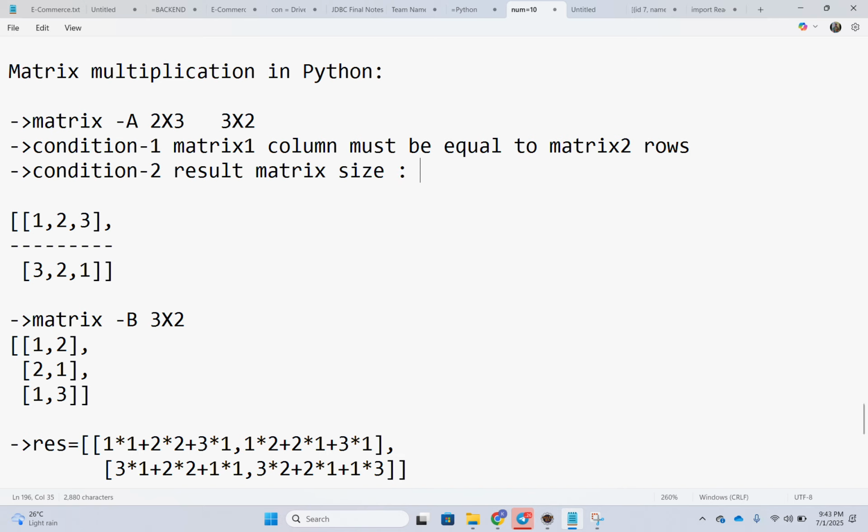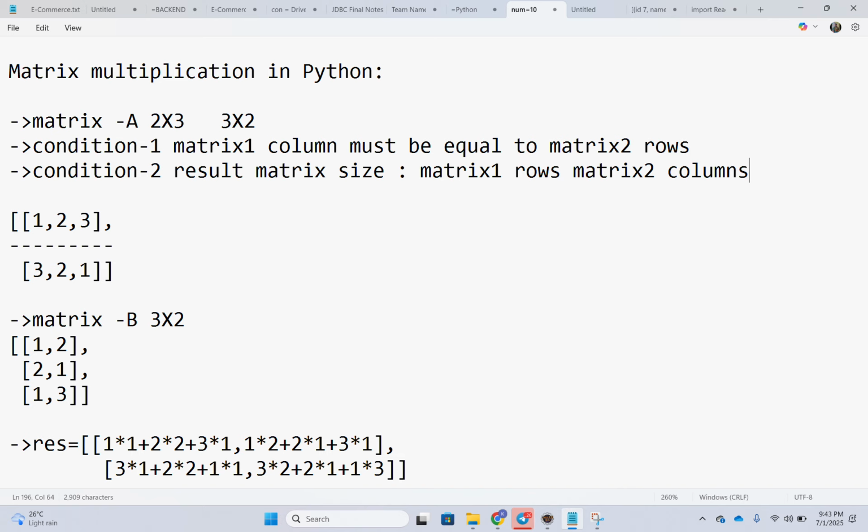The result matrix size will be what? Matrix 1 rows followed by matrix 2 columns. So these are the two conditions.